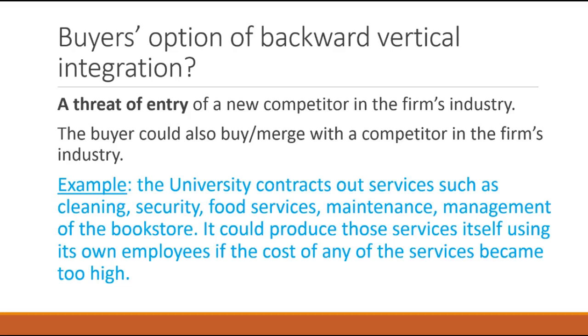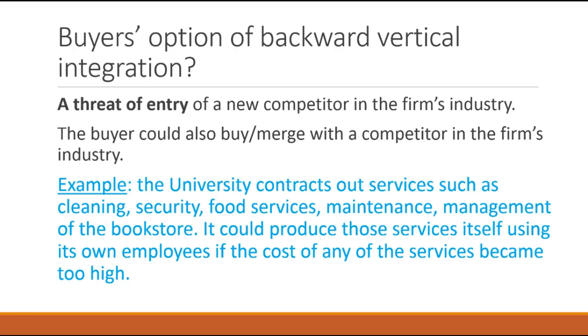Now, what's actually happened in the years since then is that universities have started to contract out those services. So instead of carrying out backwards vertical integration, they've sort of done the reverse of that and chosen to purchase things from individual suppliers. You might imagine, based on the reasoning that we've seen earlier in this lecture, that they may have done that because they could have thought that they could be reducing their costs.